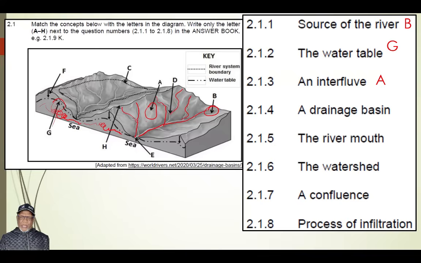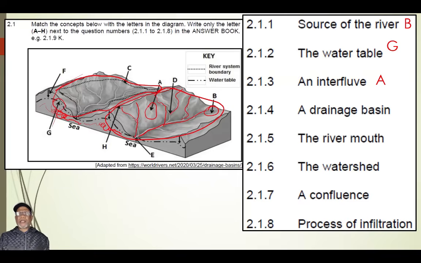Then, what do we have here? We have this drainage basin this side, and we have another drainage basin this side, which is indicated by these dotted lines there. So this is a drainage basin and another drainage basin. You need to be able to define what a drainage basin is.